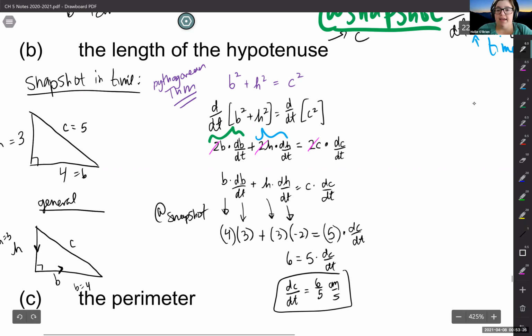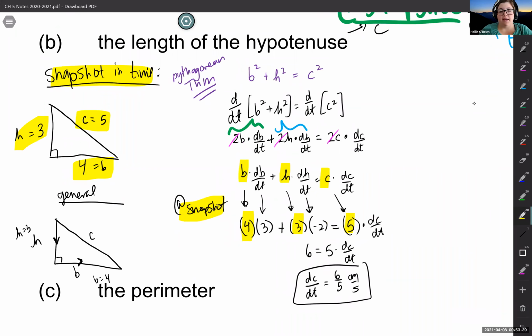So we had all of this information. For instance, these 3 things come from our snapshot, versus the others come from up above, the rates, because the height is changing at a constant rate.